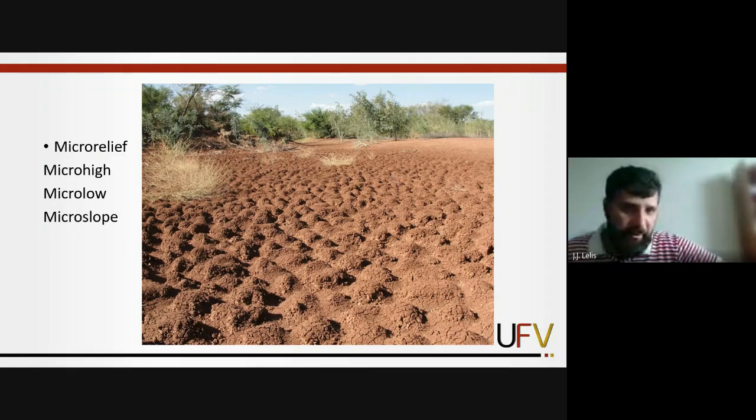In some cases, we also can describe the microrelief, and the microrelief is this kind of form that we can identify in some soils.